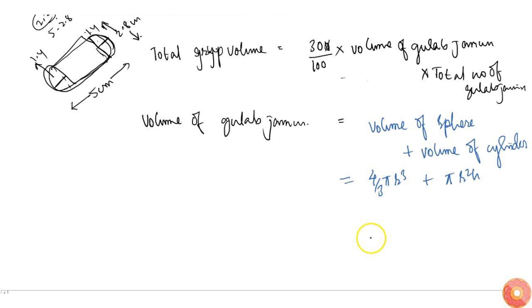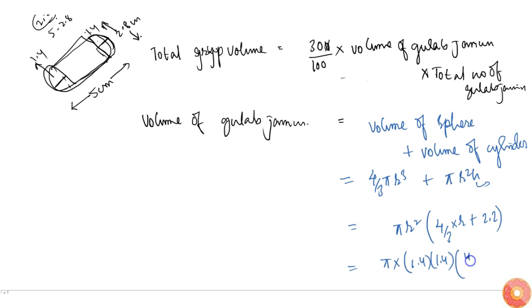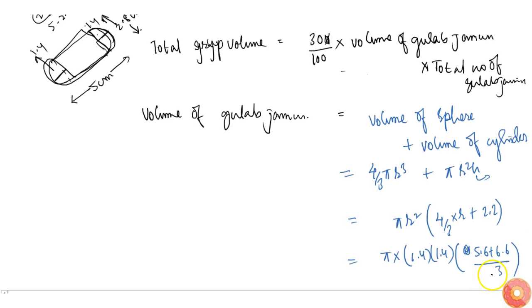Now if I take pi r square common, this will become pi r square into 4 by 3 into r plus height h, which is 2.2, this is the height of the cylinder. So now this is equal to pi into r square, which is 1.4 into 1.4, into 4 by 3 into 1.4, that is 5.6 by 3, plus 6.6 by 3, whole by 3.